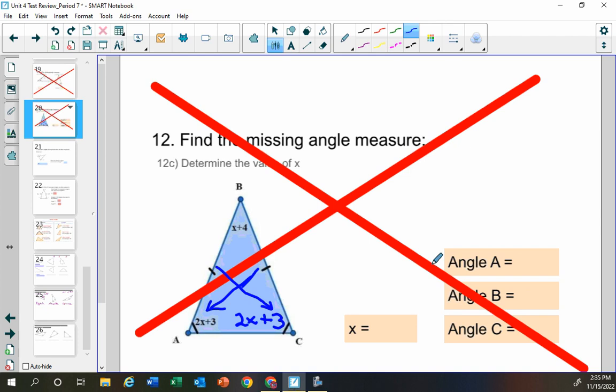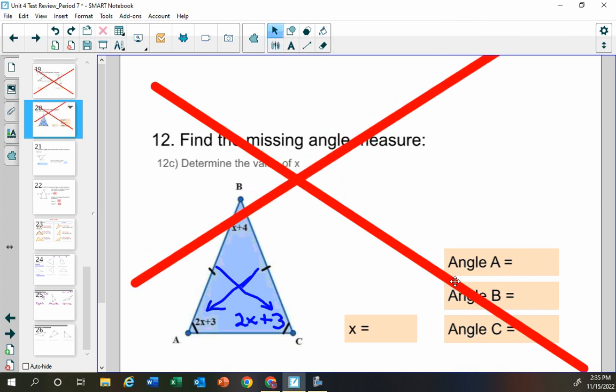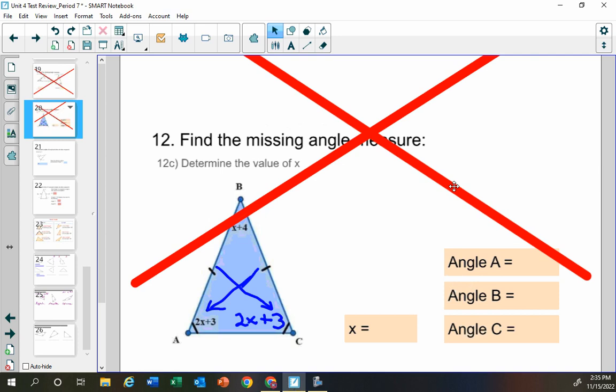I apologize, I forgot to tell you, I'll cross that one out too. Yeah, any problem 12, all the problem 12s. I mean, if you want to try 12C, be my guest.